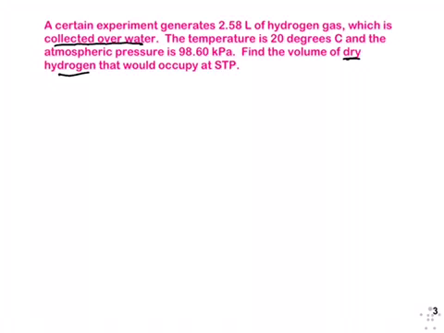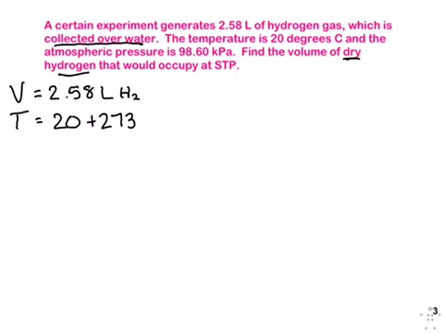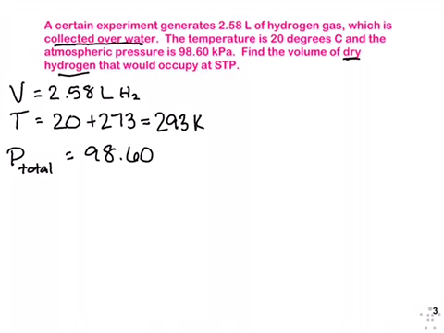So bits of information you know: a volume, it's given at 2.58 liters. That's hydrogen gas. Your temperature is 20 degrees, but per most of our calculations in this chapter, we do have to convert that to Kelvin: 293. You know your P total is 98.6 kilopascals.